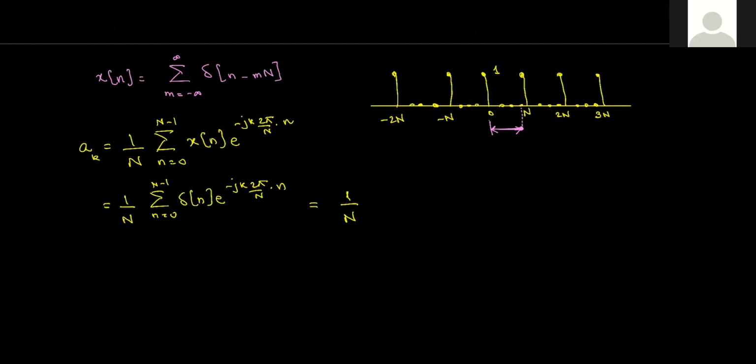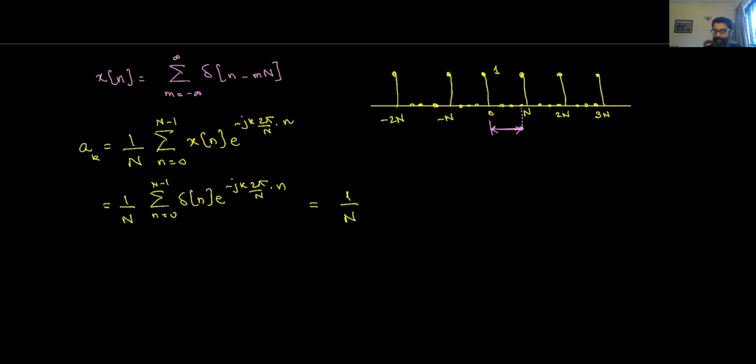Yes, sir, I verified it. It's n1 equals 0. Exactly. When n1 equals 0, that square wave example reduces to this. So the Fourier series coefficients of a train of impulses are 1 by N, just like the continuous time impulse case.